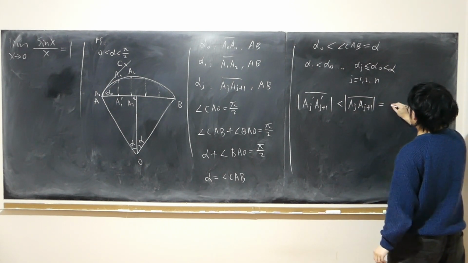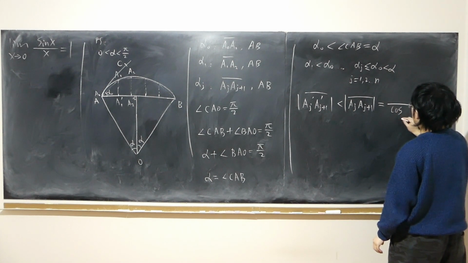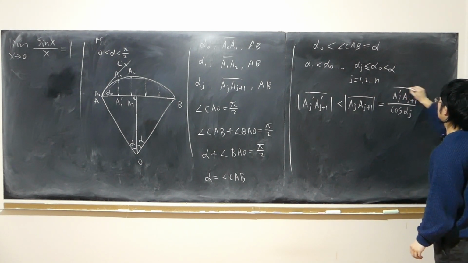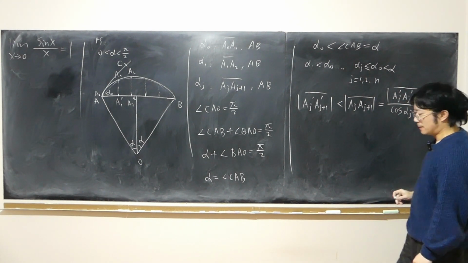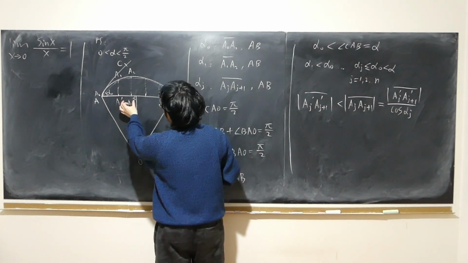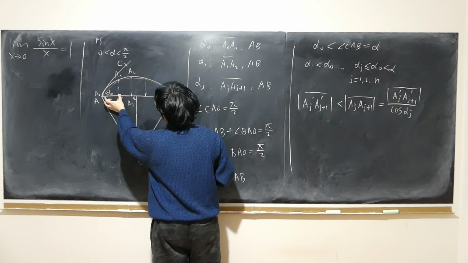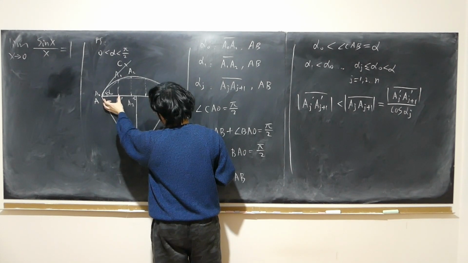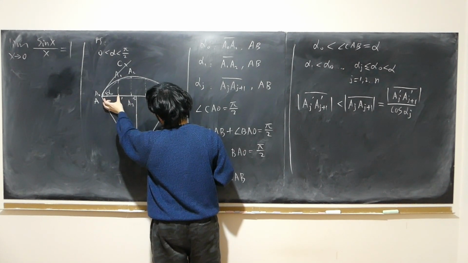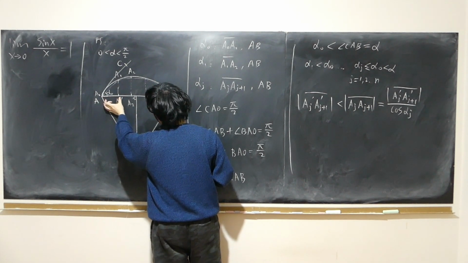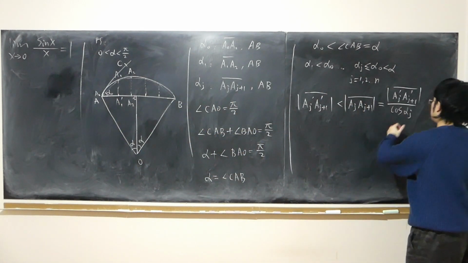But how do we rewrite this? This can be rewritten using cosine alpha j times the Aj prime, Aj plus 1 prime line segment. This is just trigonometry, right? So this line segment is this line segment times cosine. If we want to describe this line segment, we just have to use this line segment and divide it by cosine.